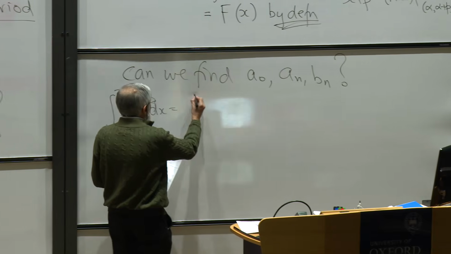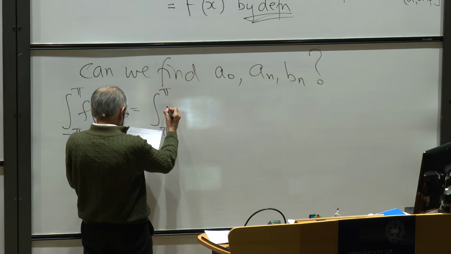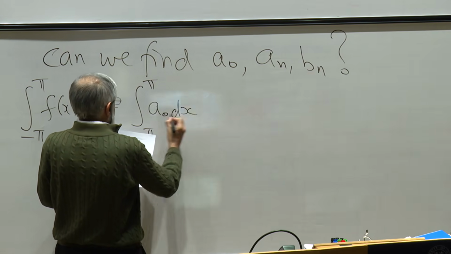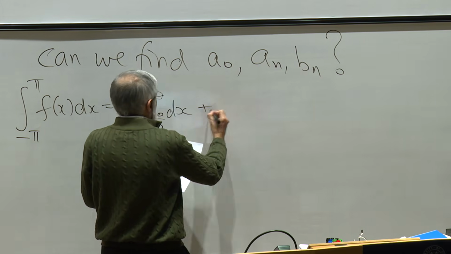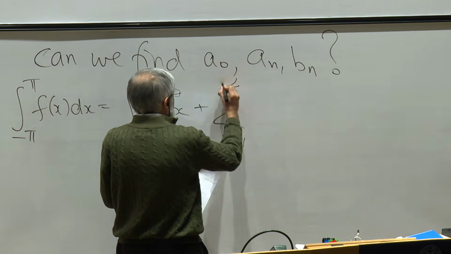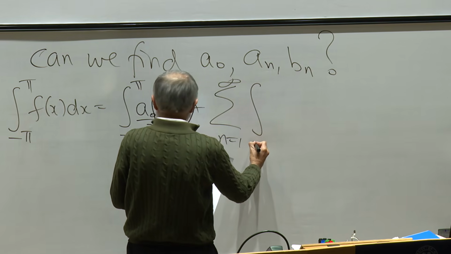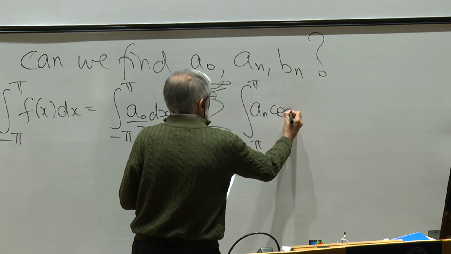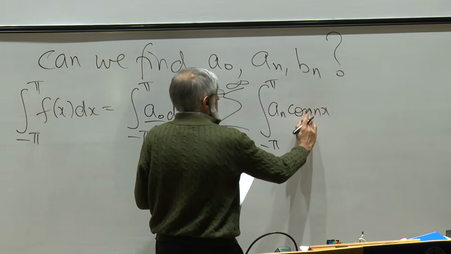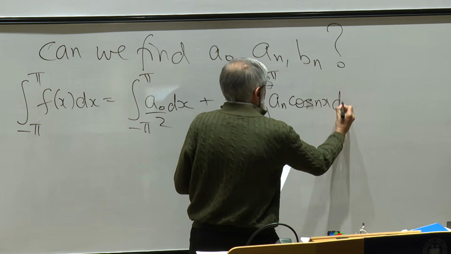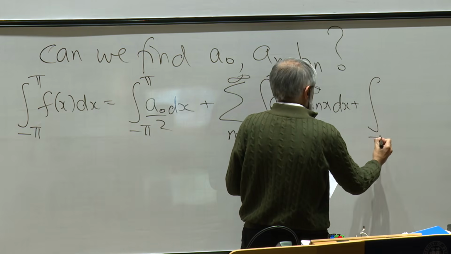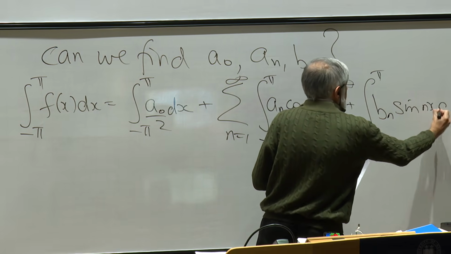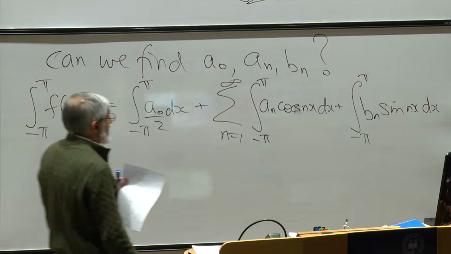So we'll get the integral from minus pi to pi of a naught dx over 2, plus the sum, n goes from 1 to infinity, of the integral from minus pi to pi of a n cos nx dx, plus b n sine n pi x dx. Okay?